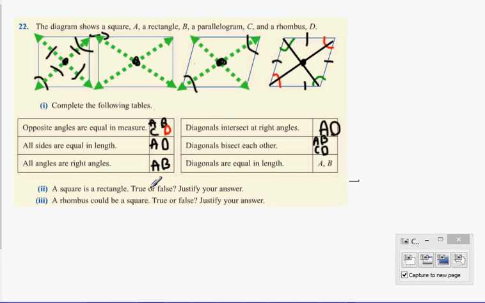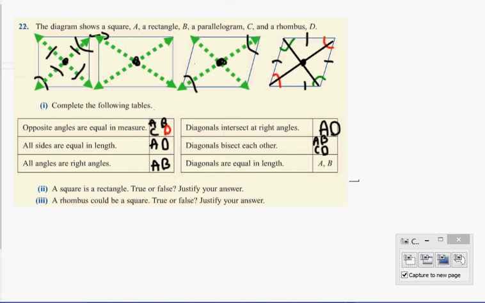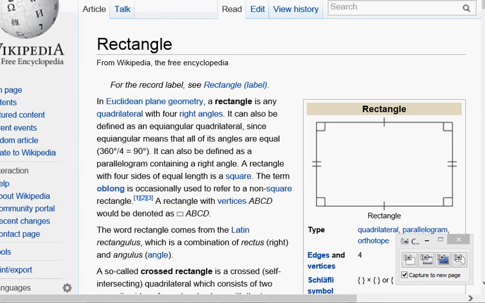A square is a rectangle. True or false? Okay, guys. The definition of a rectangle is any quadrilateral with 4 right angles.